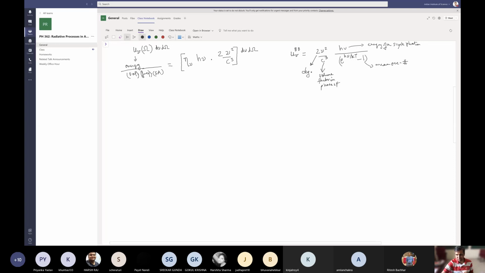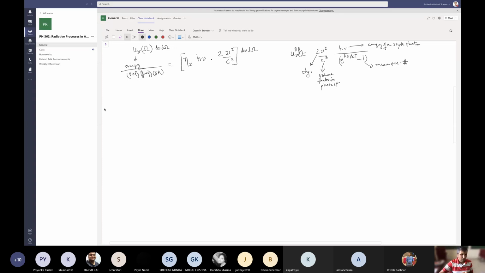So it's very easy to write it down once you know these various elements: this factor of 2, this nu squared d nu, h nu, and 1 by e to the h nu by kT minus 1. So this is your u nu in a black body, the energy density in photons stored in a black body of temperature T. Actually, this is only a function of T and nu. There is nothing else, only nu and T.